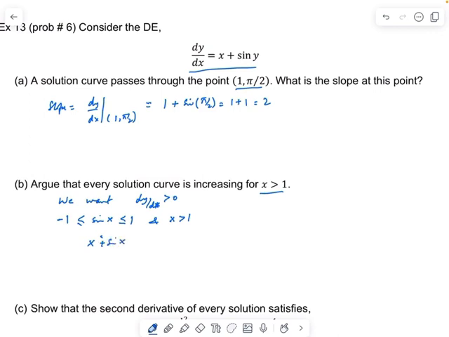So you can see this will be greater than 0. We don't care about how much it is, because it will be between 0 and 2. So the value of x plus sine x will be between 0 and 2, which means it will be positive.